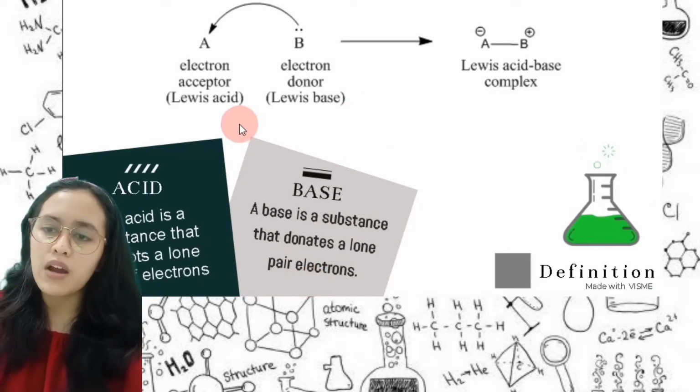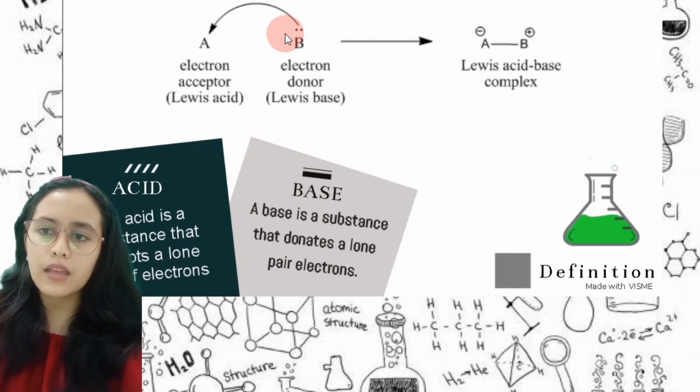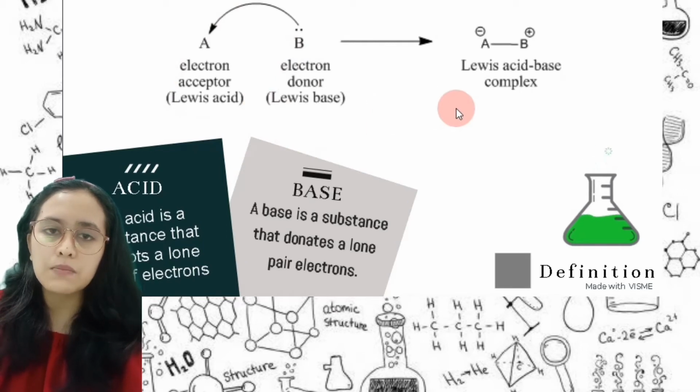Like the reaction above, A is the electron acceptor, that is the Lewis acid, and B is the electron donor, that is the Lewis base. So the combination of those compounds is a Lewis acid-base complex.